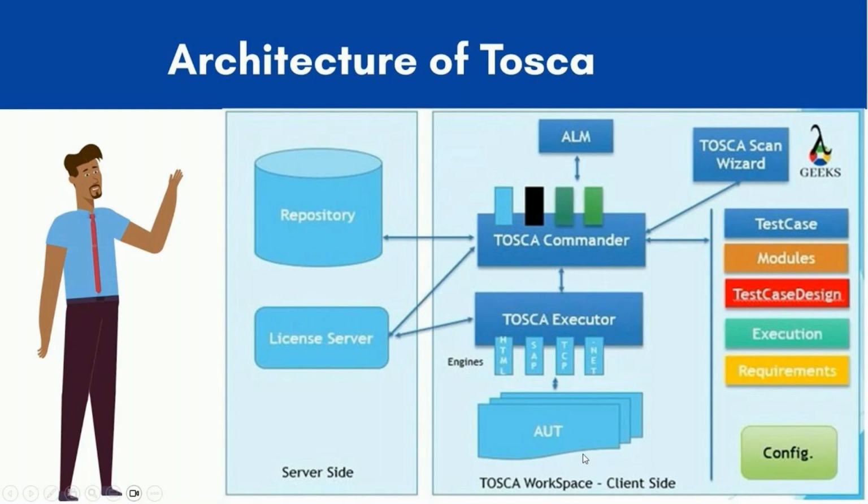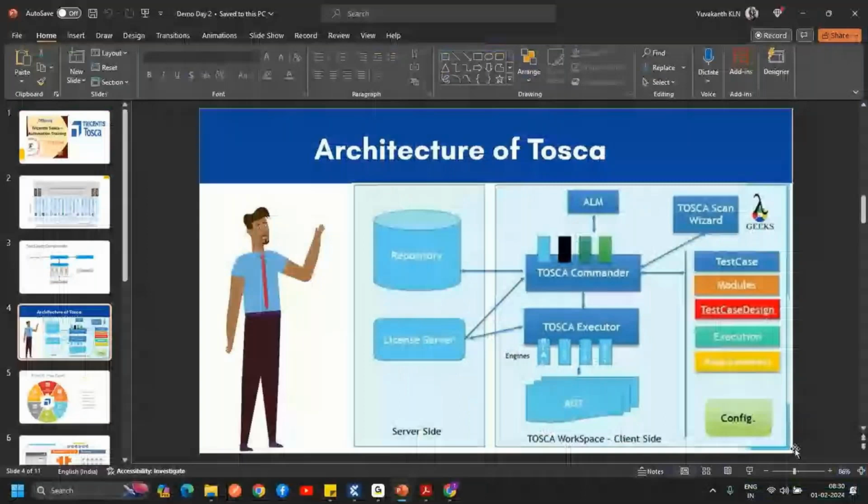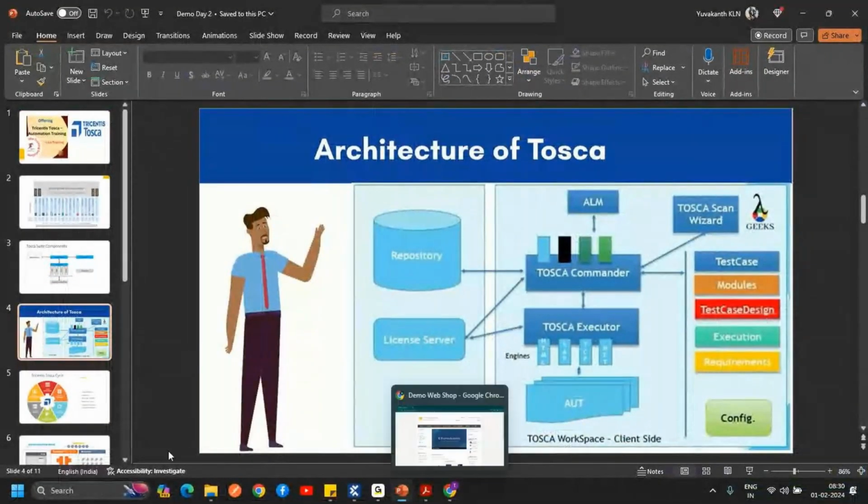We'll explain it today. And yes, you have a wizard, a scan wizard. You will understand what the scan wizard is when you start scanning. And test cases, modules, test case design, execution, requirements, and configuration. So this is the architecture of Tosca.